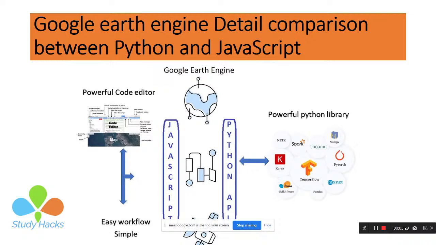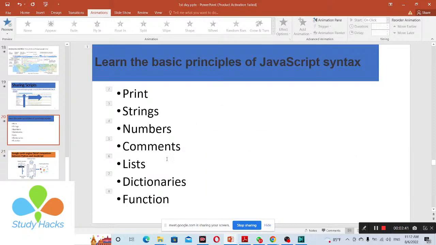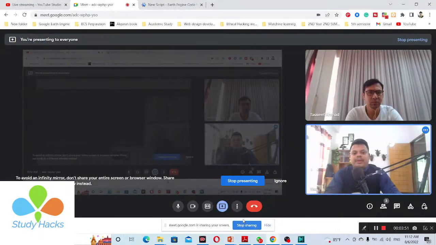So now I will discuss some basic comparison between Python and JavaScript. I simply open my code editor. I already showed you all of these things in JavaScript, and now I am showing the same things in Python, so that you can easily understand. I am using Colab here.